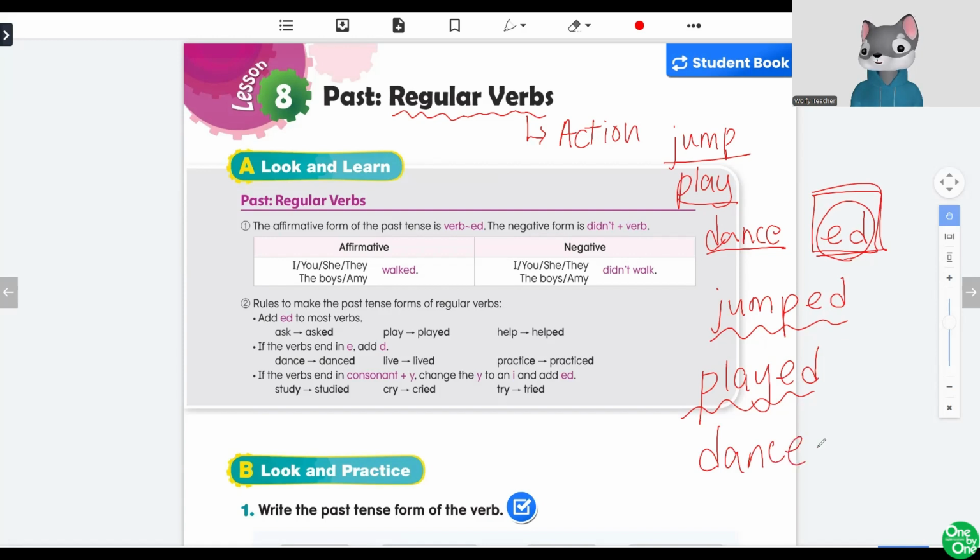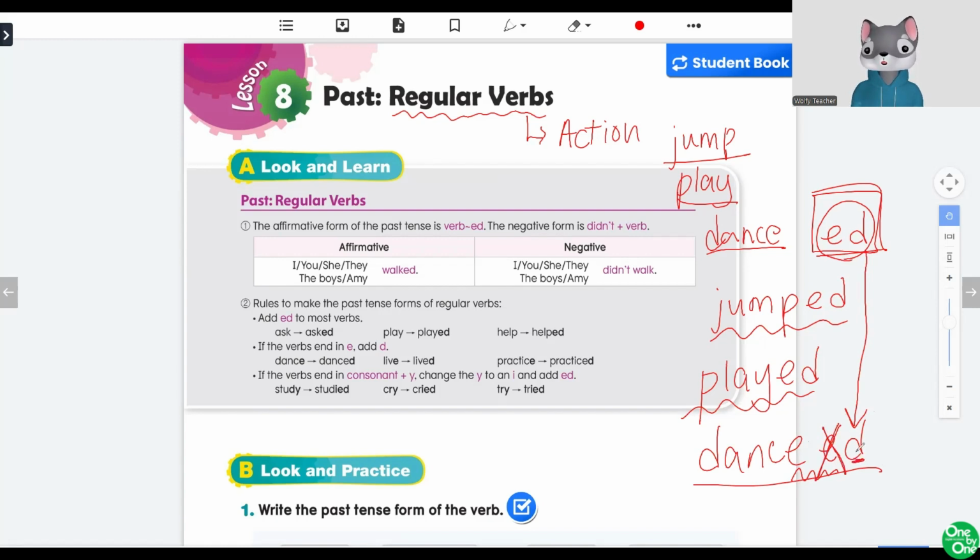Now, if I have the word dance and I use the same rule and put another ed at the end, then how would we read this? It's of course not going to be danced. But what we need to do, because there's two e's, we do not want two e's. We would like to erase the e and only add the d at the end.